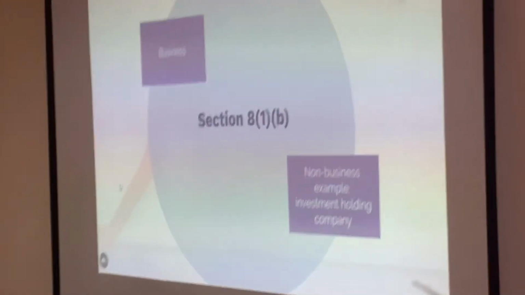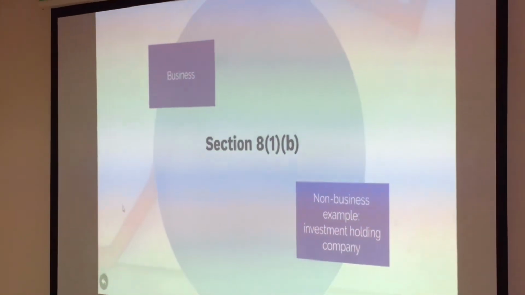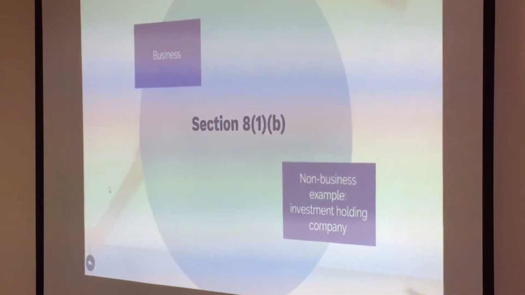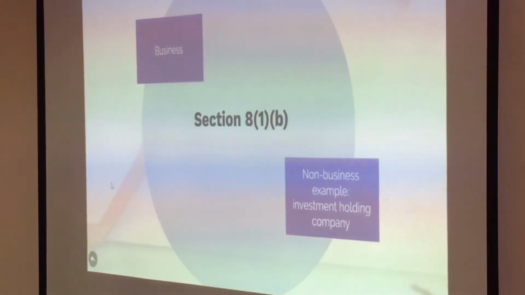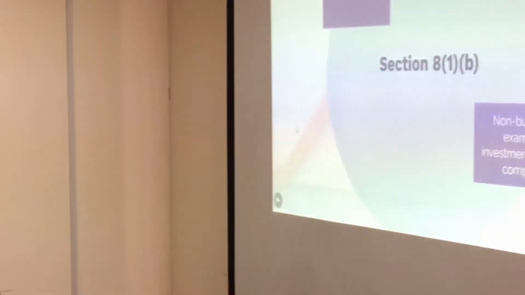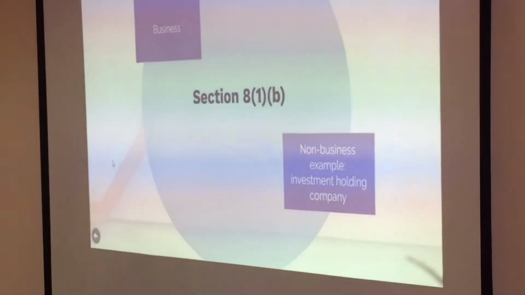Okay, for Section 8 Subsection 1B, there are also 2 divisions, which are business and non-business. For business, it is considered as having resident status. For non-business, an example is an investment holding company.